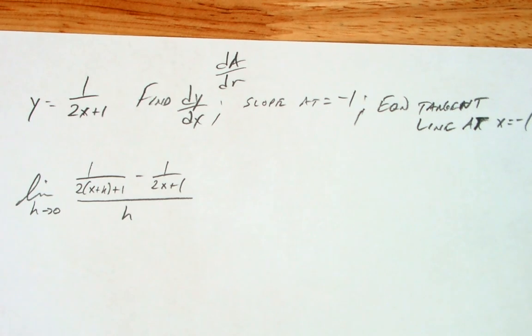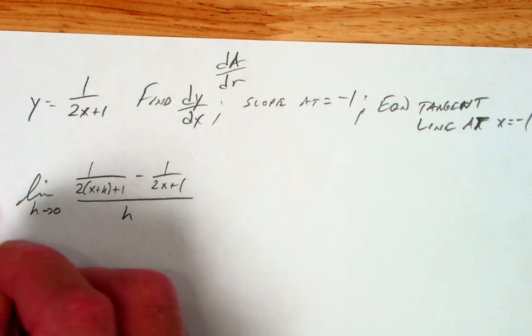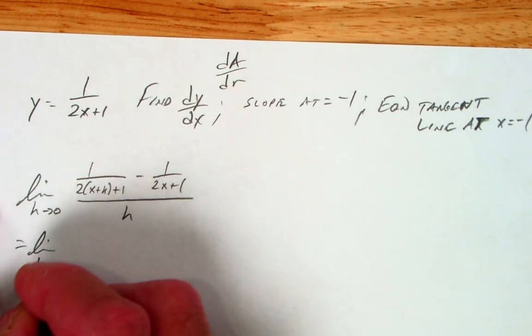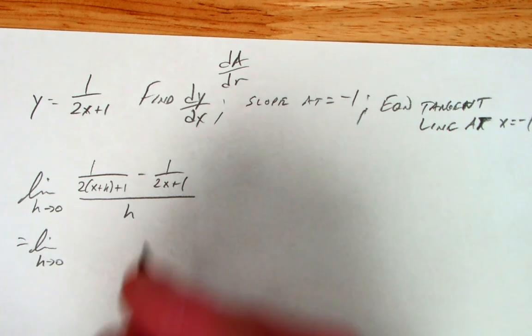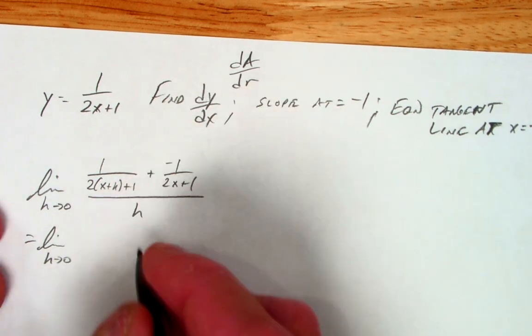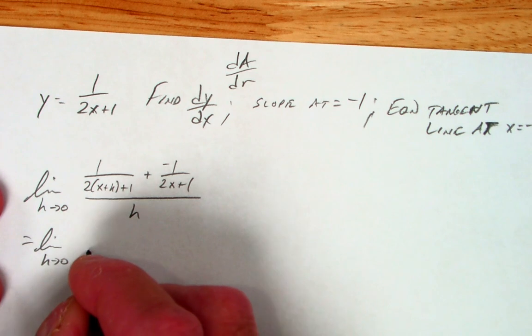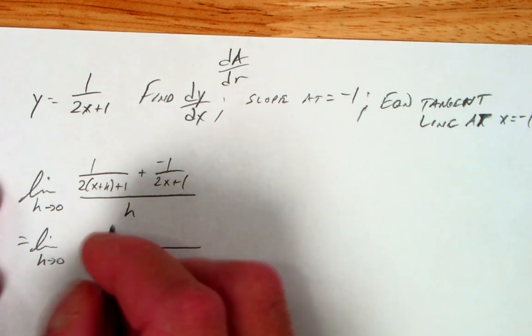Okay. So this would be one of the harder ones on here, of course. So that equals the limit as h approaches 0. I'm going to do this fairly quickly. Let's see. I'm going to rewrite it just a little bit.